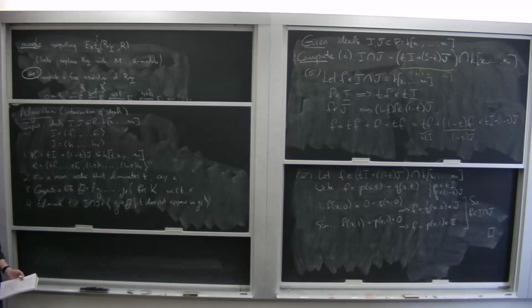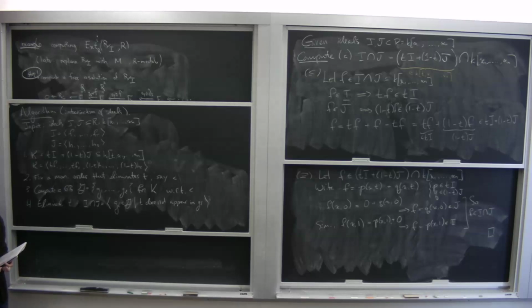Oh, right now we're black-boxing the Gröbner basis computation. We sort of said how to do it. You take all the S pairs, you take each S polynomial and reduce it using the division algorithm. If you get non-zero, you add it in. Otherwise, if you get zero, you ignore it.